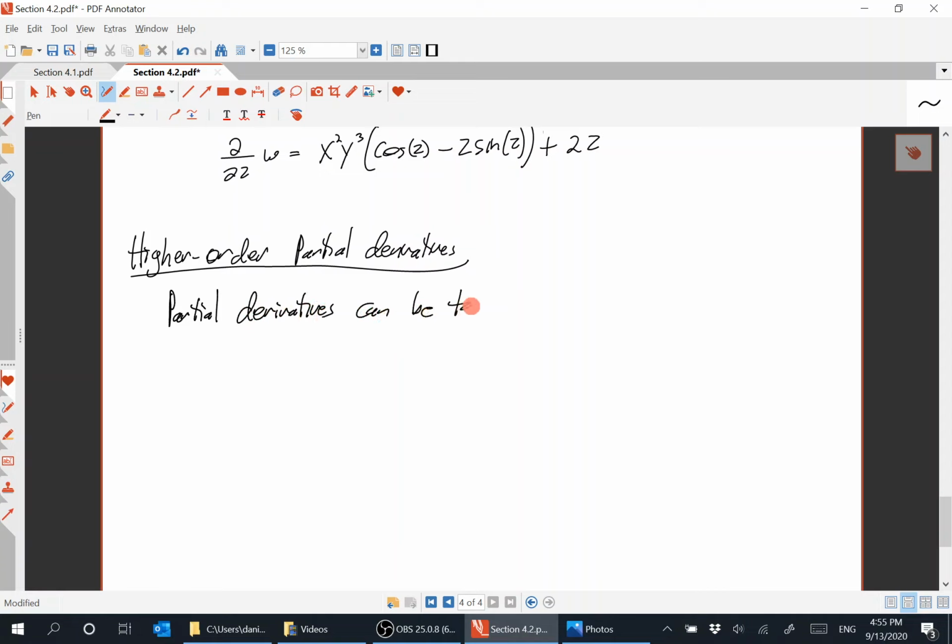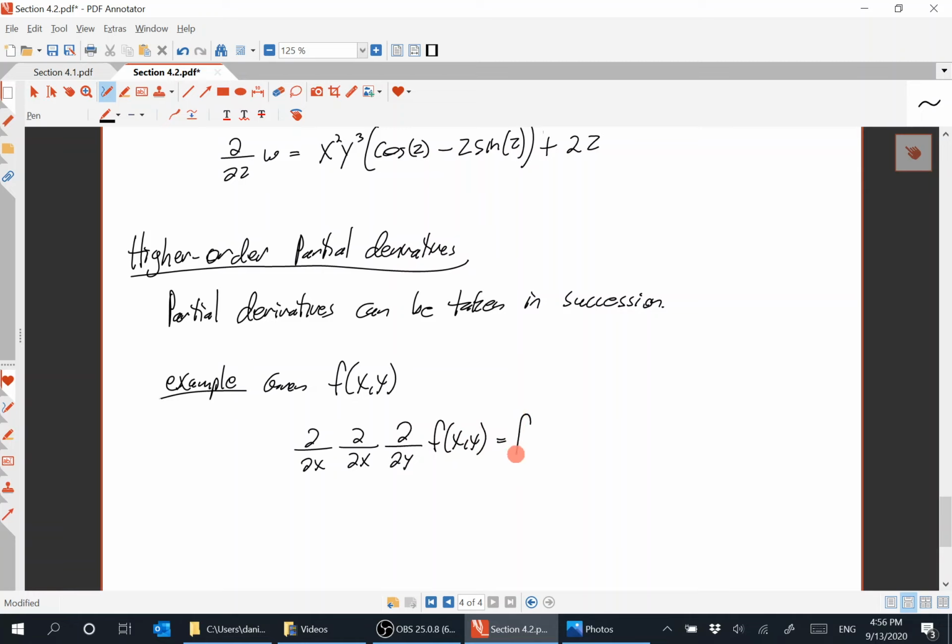Right? So, for example, given f of x, y, the partial differential operators like this.